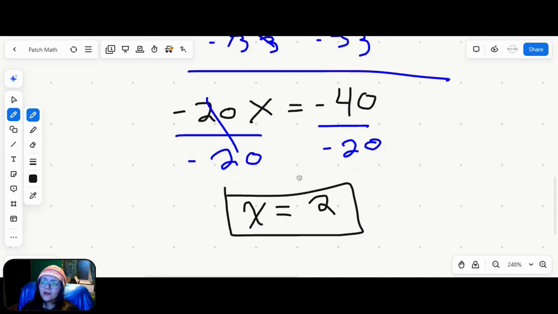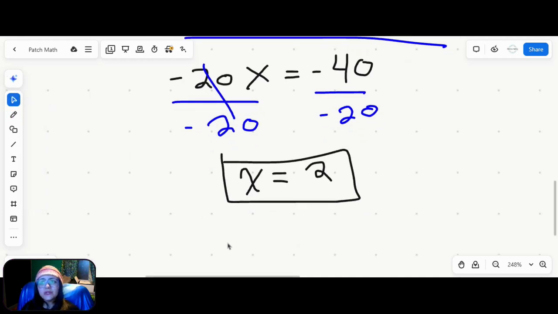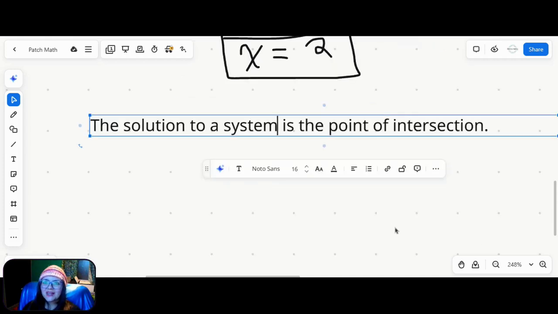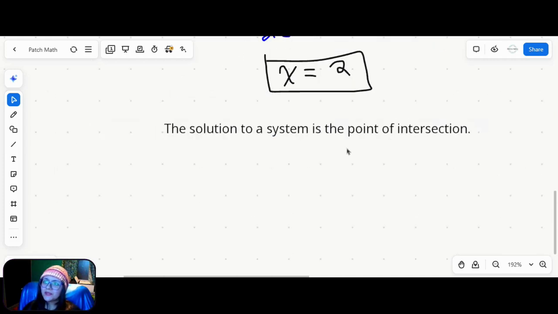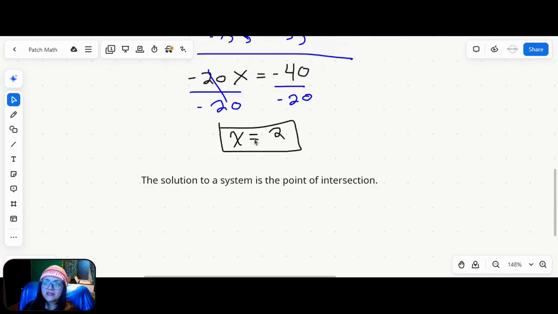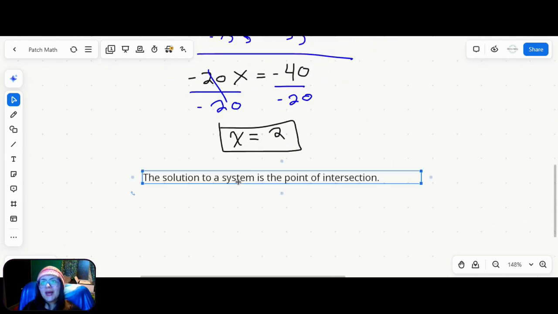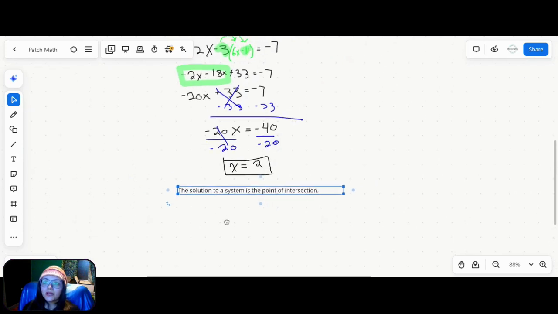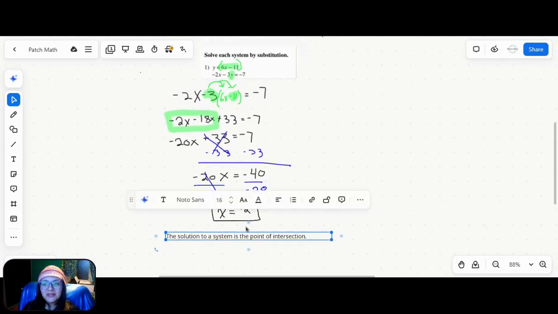If you will recall, a solution to a system is the point of intersection of the two lines. And that point of intersection is an ordered pair with an x and a y. We have found our x. Now we need to find the y that goes with it.